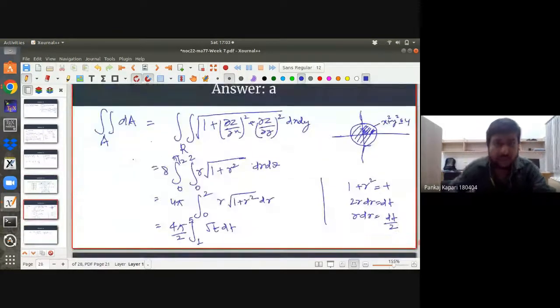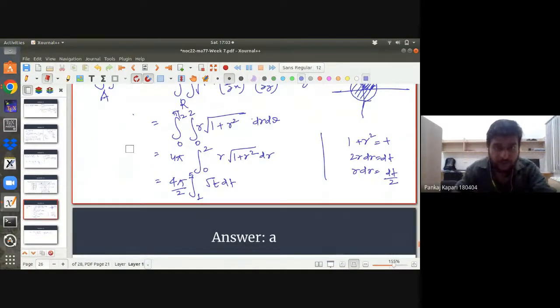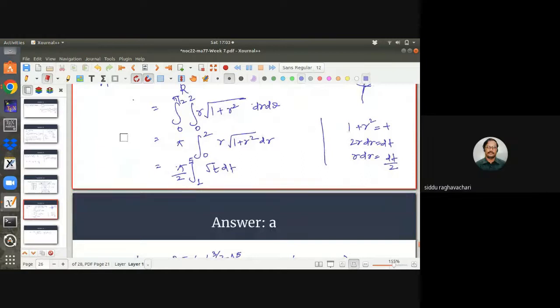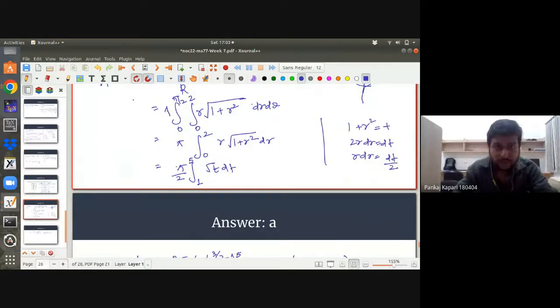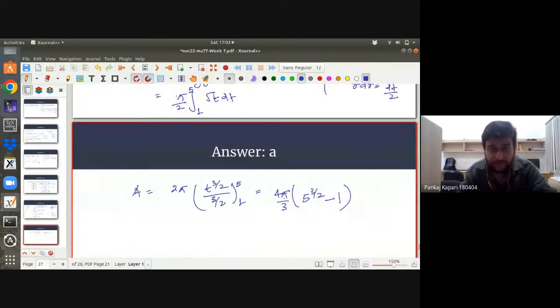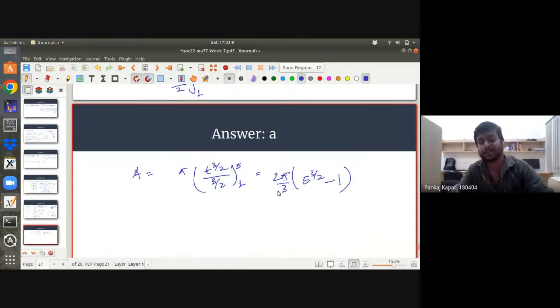In that case, we have to multiply by 4 only, for only the upper part. Yes. Okay, that means this is the correct answer.